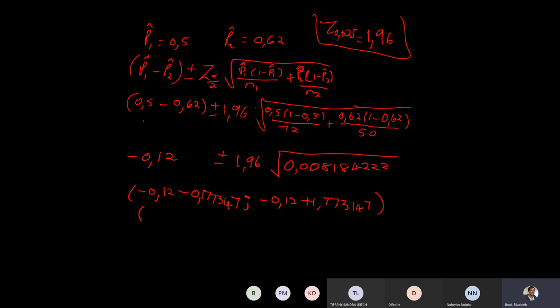So to find this value, minus 0.12 minus 0.177314712 equals minus 0.2973. I'm going to leave it at 4 decimals.